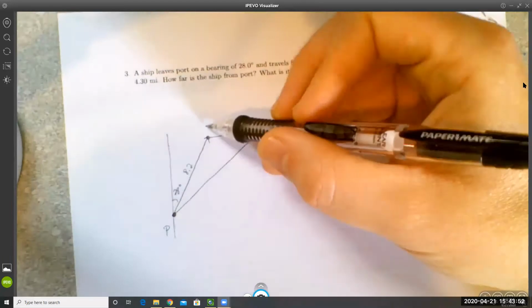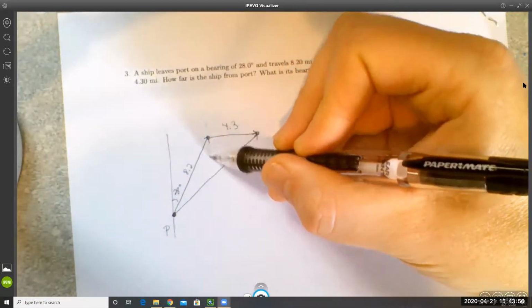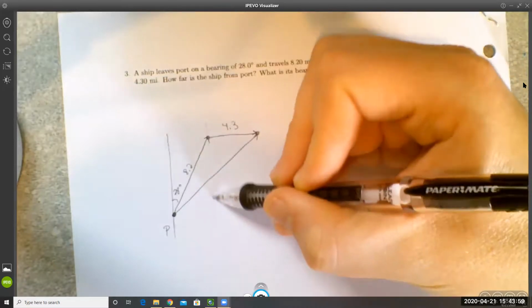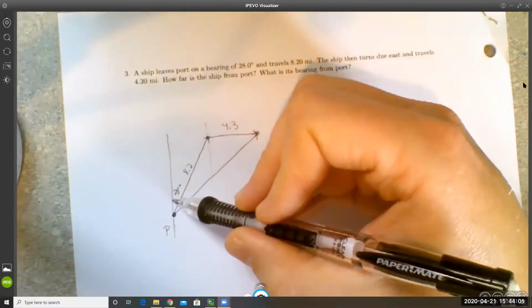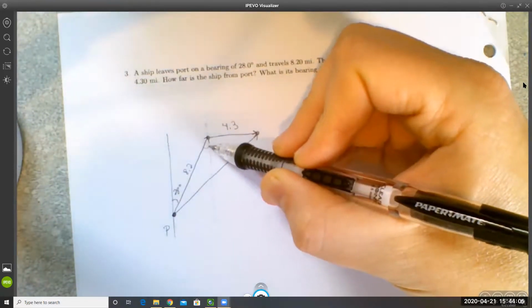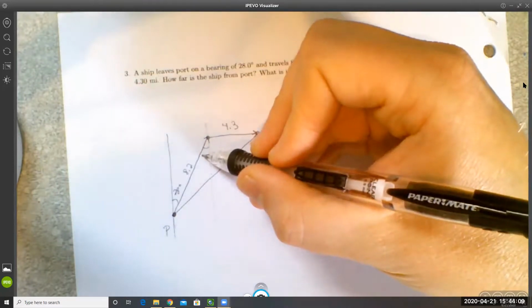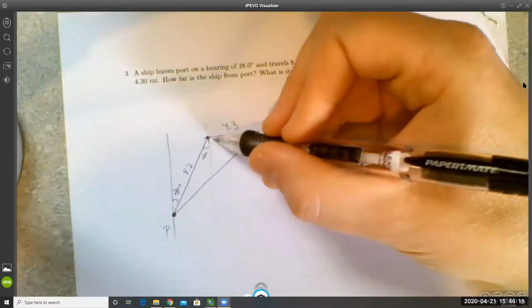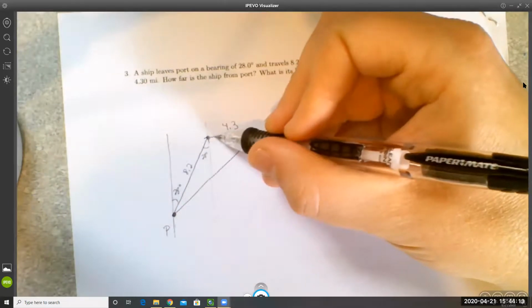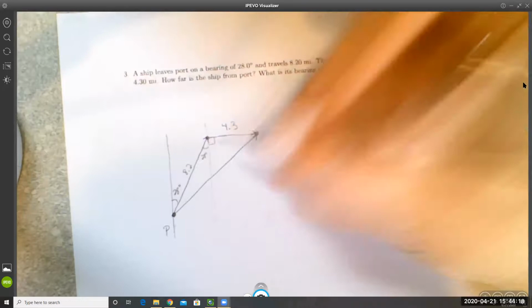Maybe what I'll do is notice that if I draw another vertical line through that point, now the 28 degrees here and this angle here are alternate interior angles, and that means they're the same. So that's 28 degrees. Meanwhile, the ship went due east, so you know that from the south, this is a 90-degree angle.